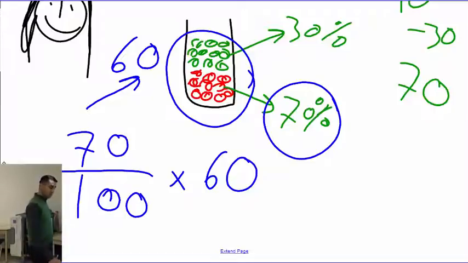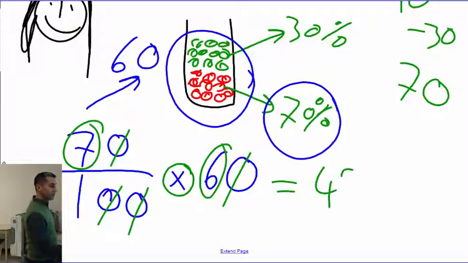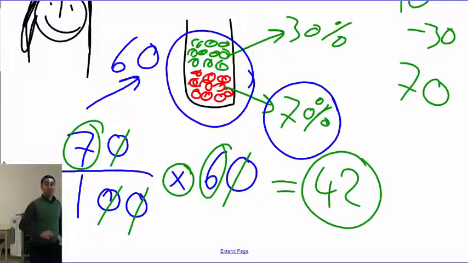Actually, I don't have to use a calculator here. Zeros cancel, zeros cancel. All I have to do is 7 times 6, which is 42. Well, you can use the calculator. If you do 70 divided by 100 times 60, you will be getting 42.